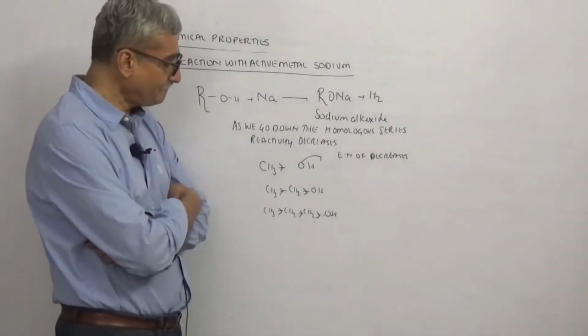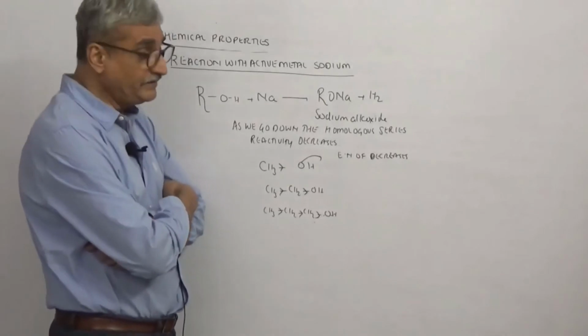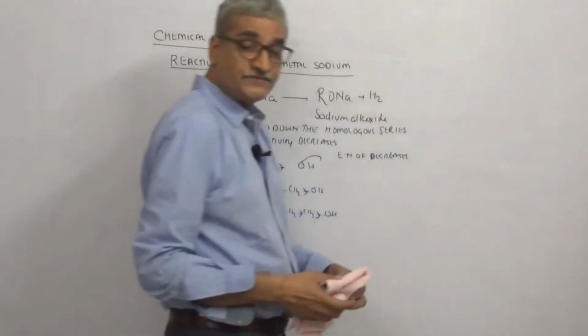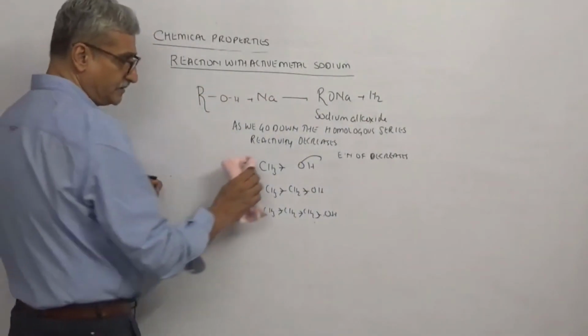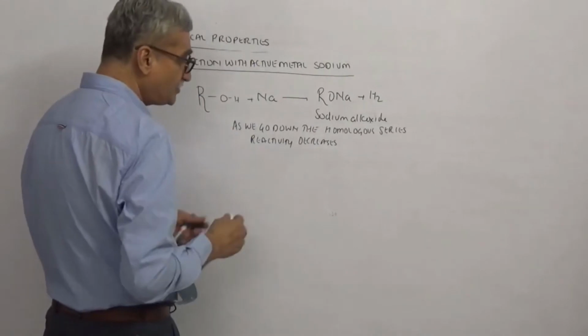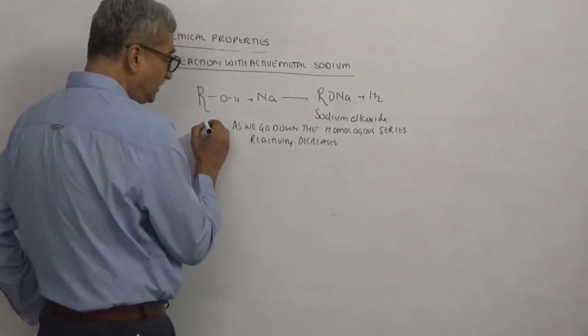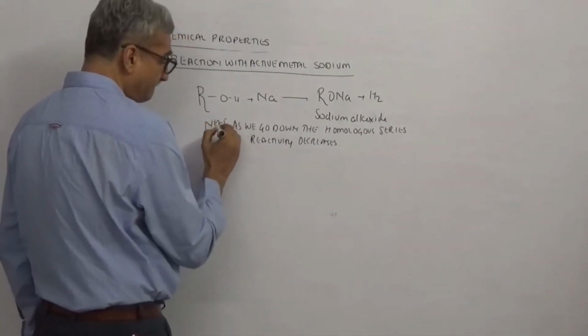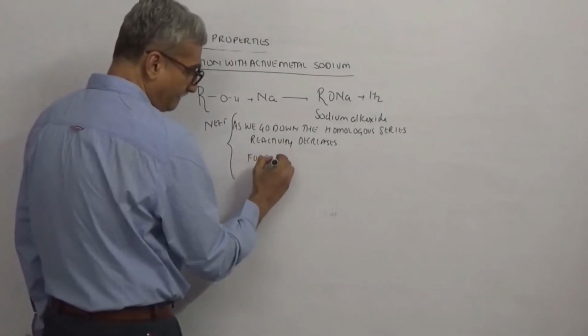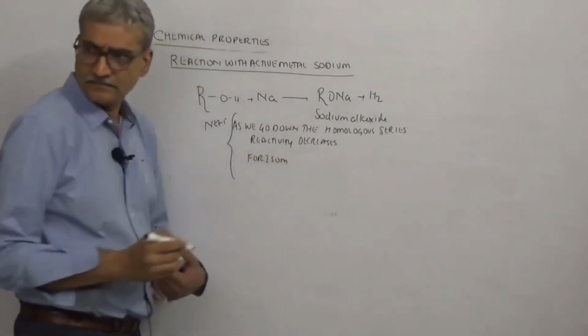Is this clear? Then, when we look at isomeric alcohol, as branching increases, what happens? Electronegativity decreases. So for isomeric alcohol, second point, these are all questions for NEET.